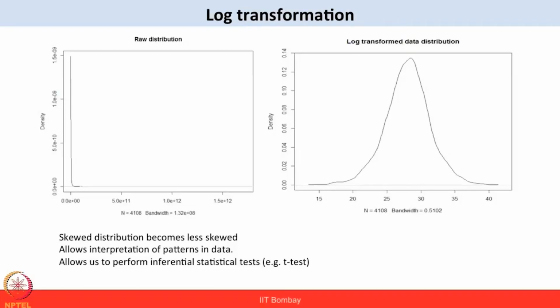We can then perform inferential statistical tests, that is t-test or ANOVA, etc. As you know, in a t-test the basic underlying assumption is that your data distribution should be normal. So this helps us to perform such inferential statistical tests. In omics studies, we generally perform log 2 or log 10 transformation, which depends on the objective of your experiment.